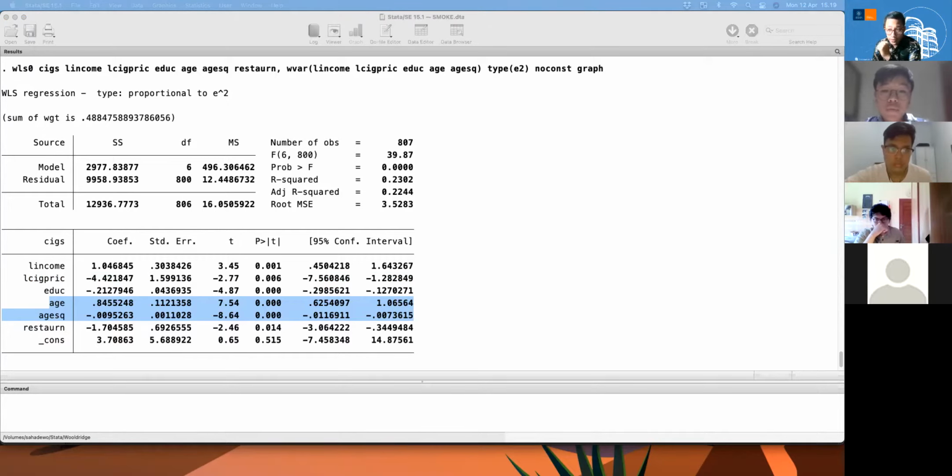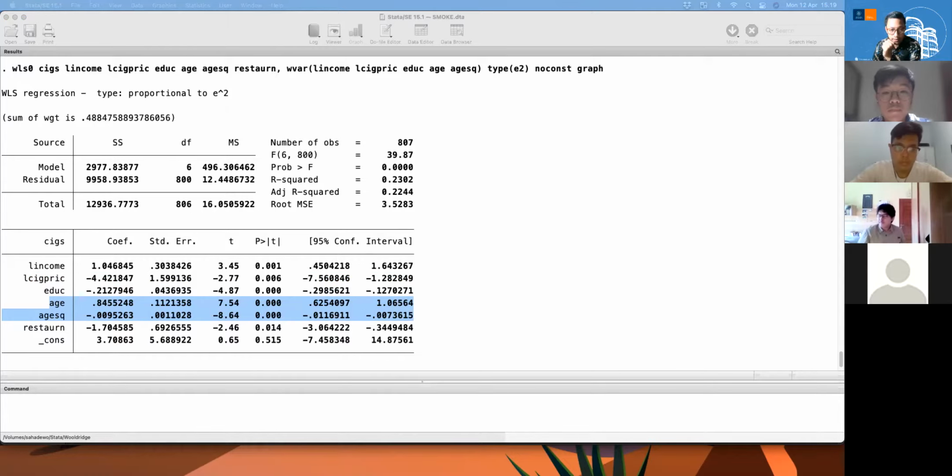Yeah, in the presence of heteroskedasticity, OLS is relatively inferior to weighted least squares. So yes, if there is an issue of heteroskedasticity, you should use weighted least squares instead.